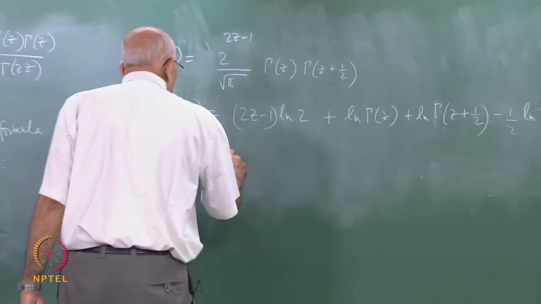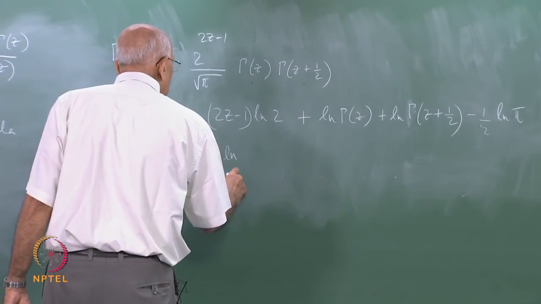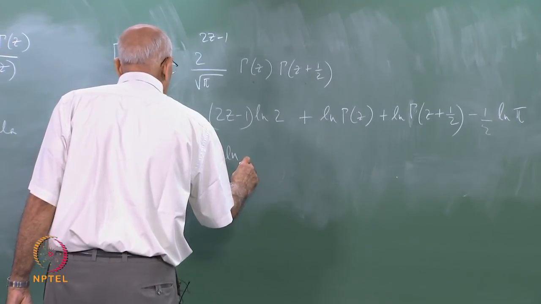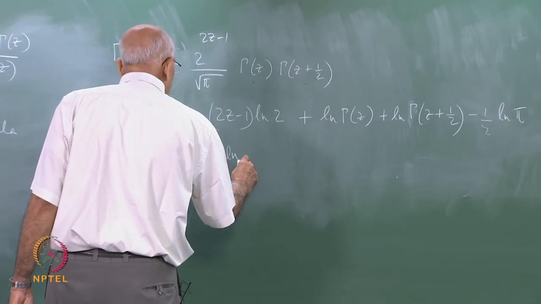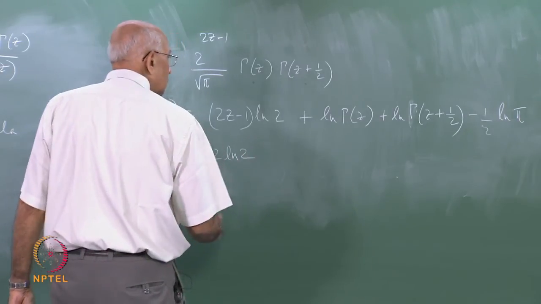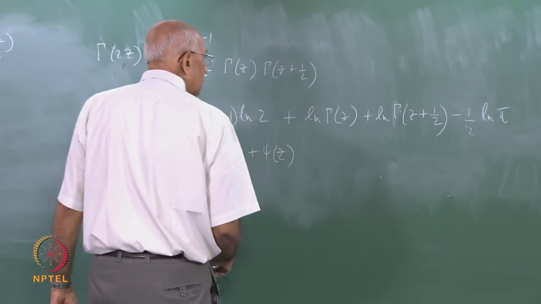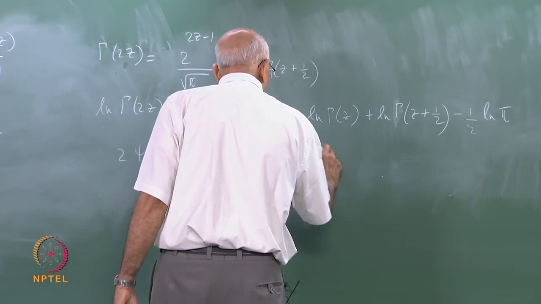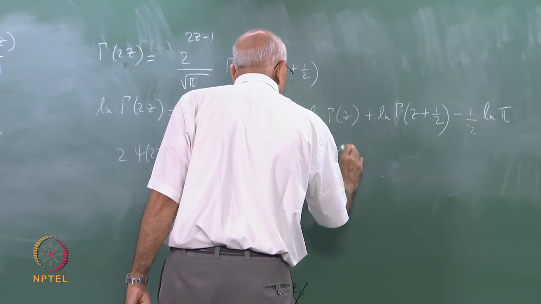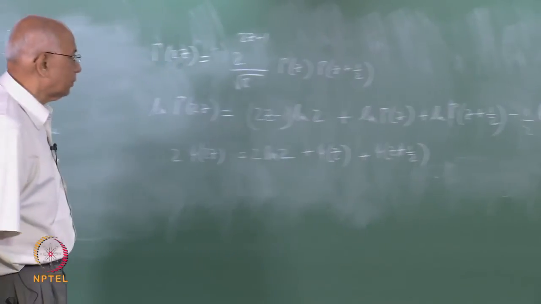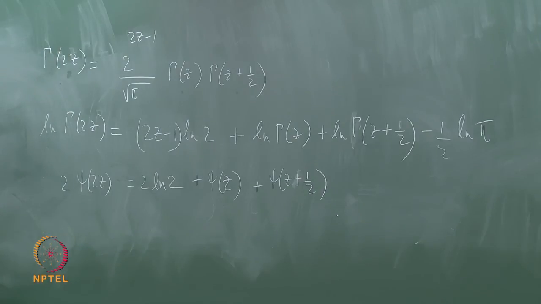That is equal to 2 log 2 plus psi of z plus psi of z plus half. Okay.